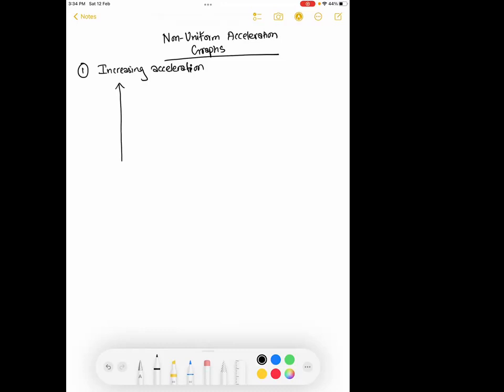We have speed in meter per second and time in seconds. Now the graph will not be a straight line anymore. It will actually look like an exponential curve, like this.